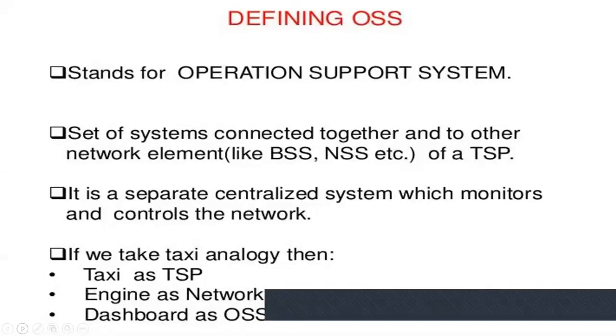If we take the taxi analogy as an example, then the taxi is the TSP, the engine is the network, and the dashboard is the OSS. This is the diagrammatic representation, or a real life example. I think all of you will be able to understand. In case of confusion, you can get in touch with me.